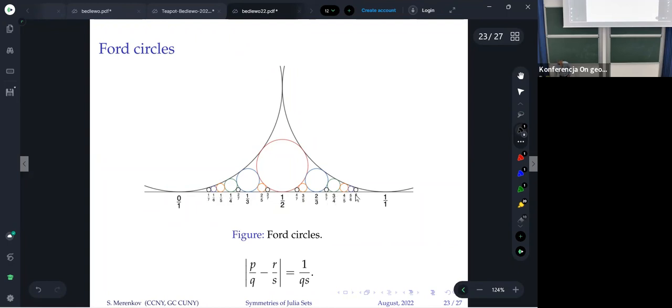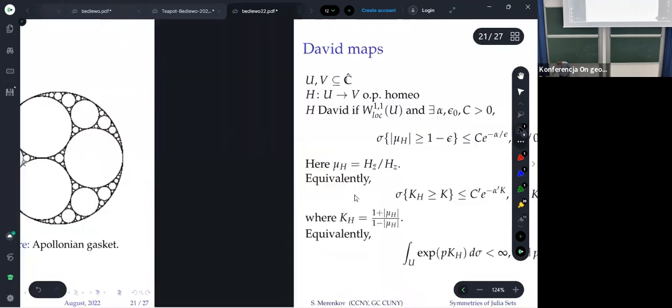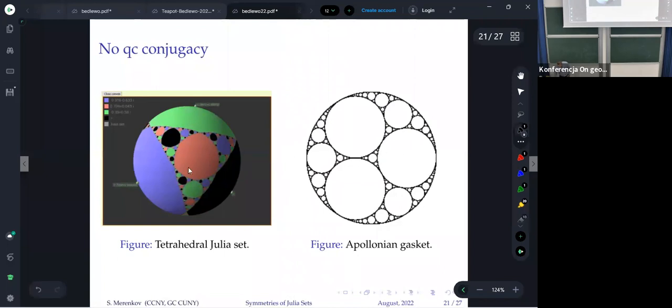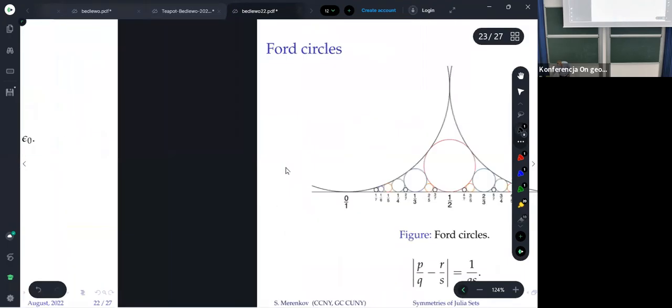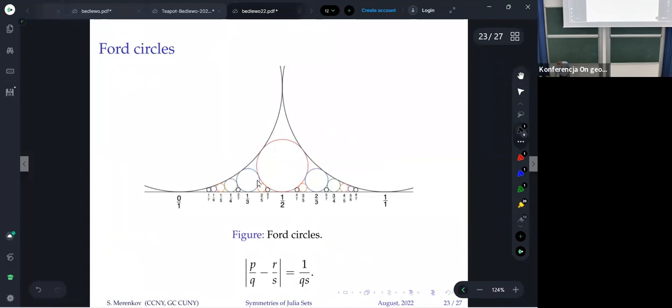You might be familiar with this. So if we are trying to relate these two by a David map or some other map, you would have to match the angle doubling map on the boundary of such a Fatou component to a map that takes these circles to circles, which is not angle doubling at all.